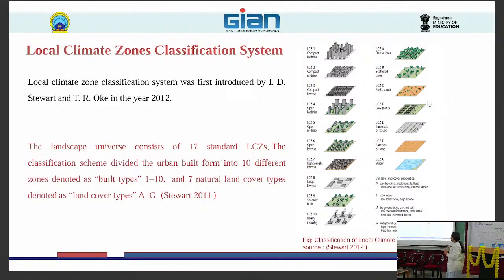Then compact mid rises are very commonly found in India. Our FSI and regulations result in such compact mid rise forms.